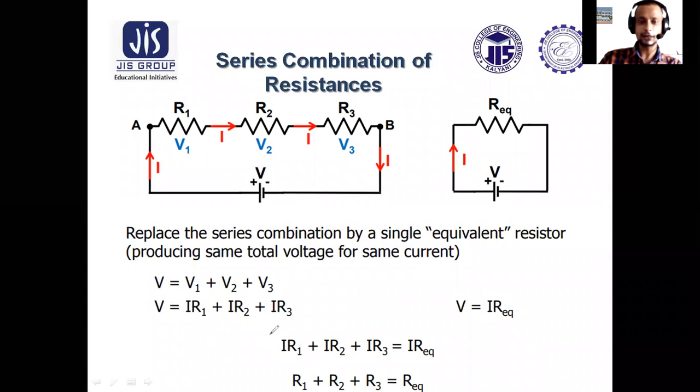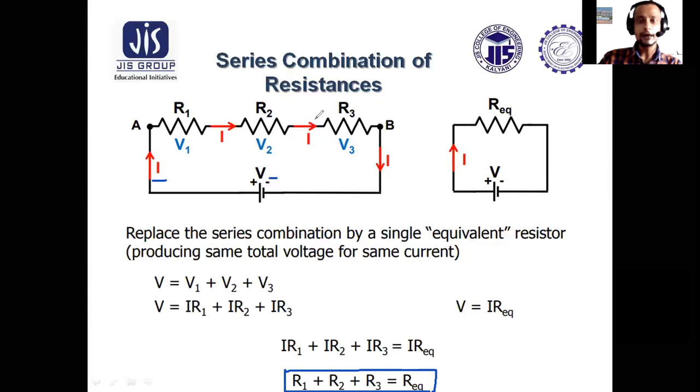Now how to calculate equivalent resistance for series connection? These three resistances are connected in series. So what will be equivalent resistance? How to calculate this I? I is total current flowing through the circuit. V is total voltage.